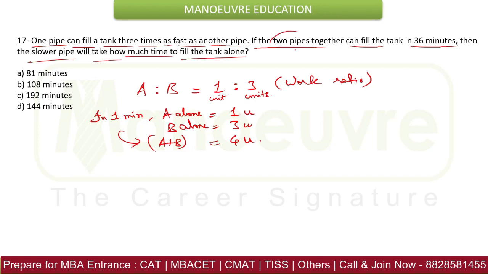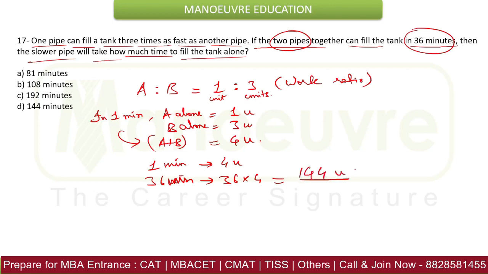Okay, so now the 2 pipes together take 36 minutes. In 1 minute they are completing 4 units. So in 36 minutes, how many units will be completed? 36 into 4, so that will be 144 units. This will be the total work that is needed to complete it.